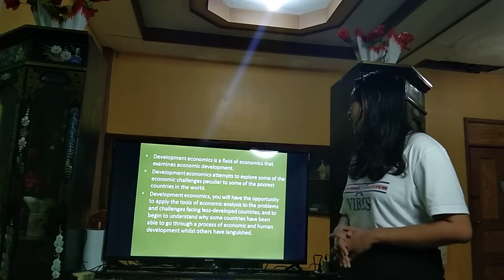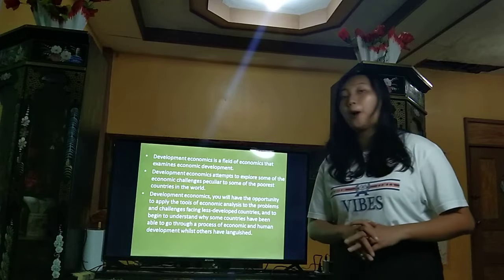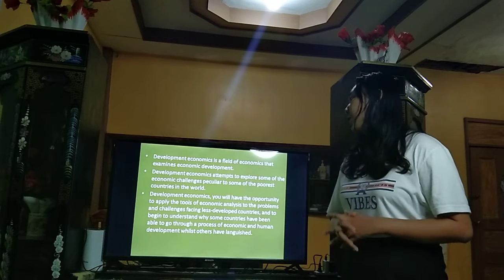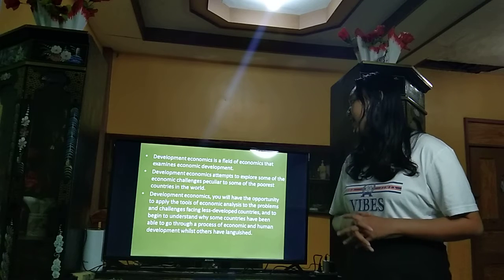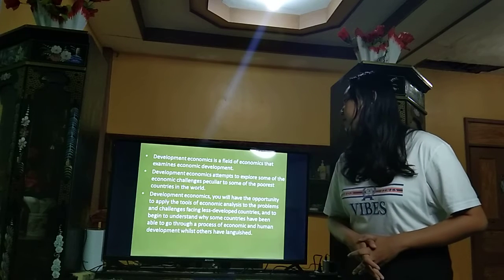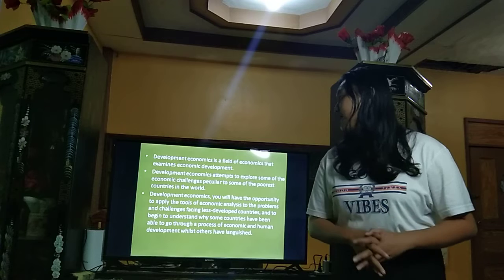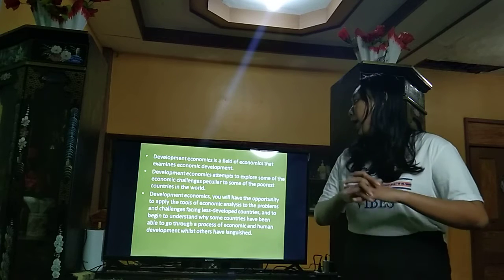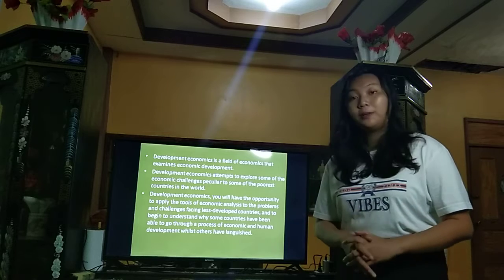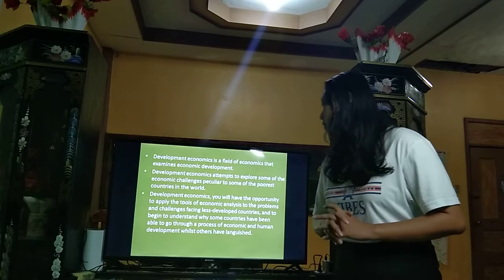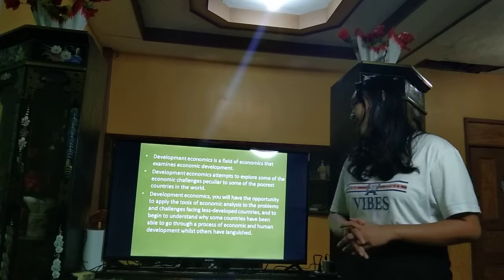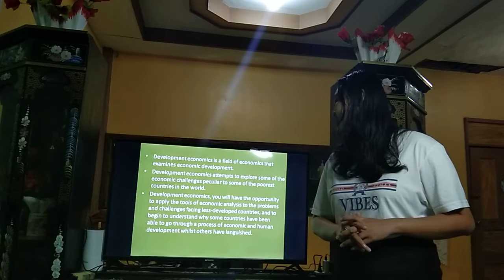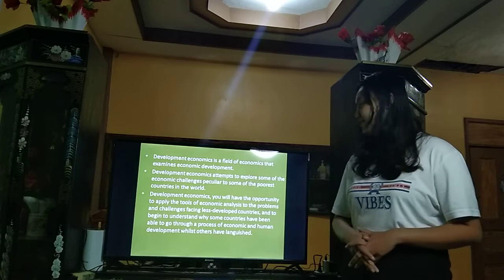In development economics, you will have the opportunity to apply the tools of economic analysis to the problems and challenges facing less developed countries, and to begin to understand why some countries have been able to go through a process of economic and human development while others have languished.